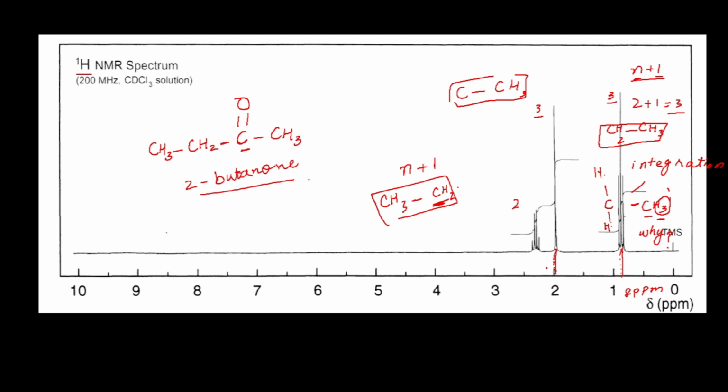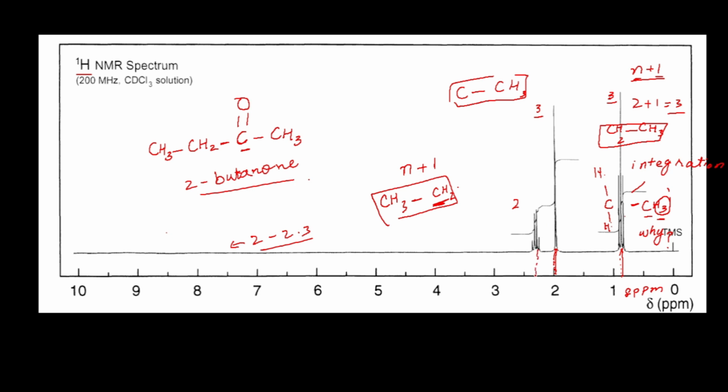The peak that gives us the information in the 2 to 2.3 region, this is almost the value, it is not exactly in the range. This gives us the information that your proton is attached to a carbonyl group. So it means that your methyl group is attached with the carbonyl group.